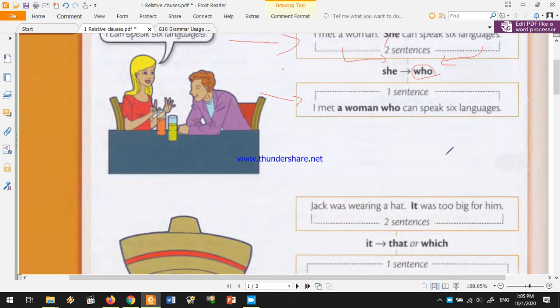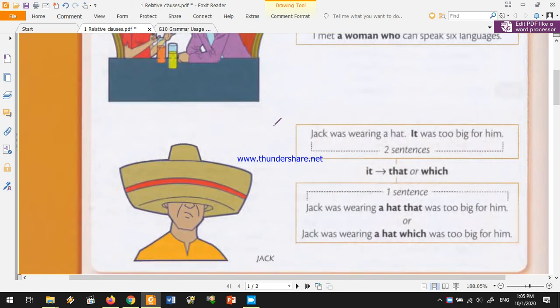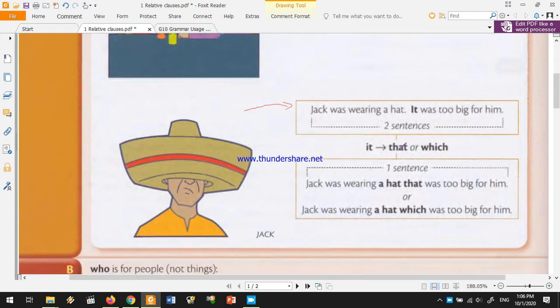Alright, let's take a look at another example. Jack was wearing a hat. It was too big for him. Here we have two separate sentences. If we want to combine them into one single sentence, we would use which or that. So we would cross off it and use which or that instead of it.